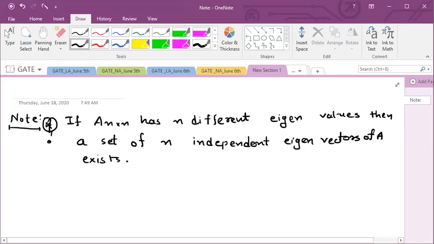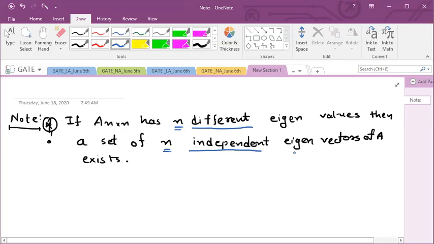Okay. So if A, n by n, has n different eigenvalues, if all eigenvalues are different, then definitely you will have independent eigenvectors of A.